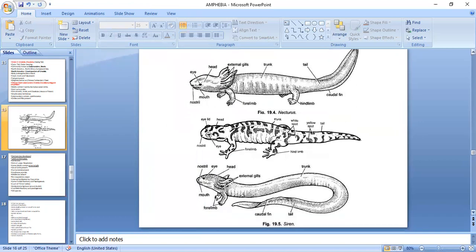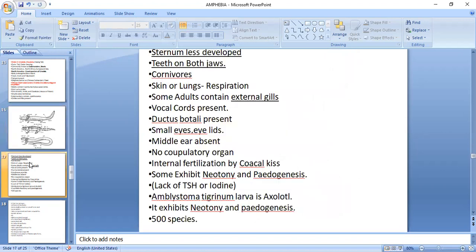Other animals do not contain external gills.